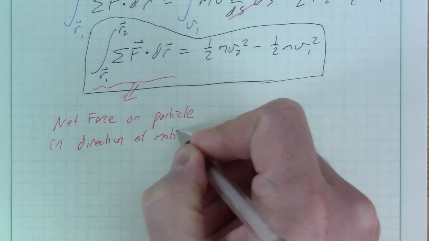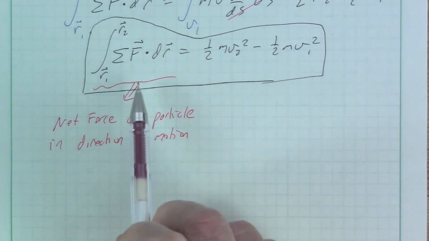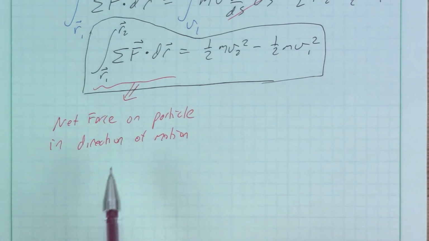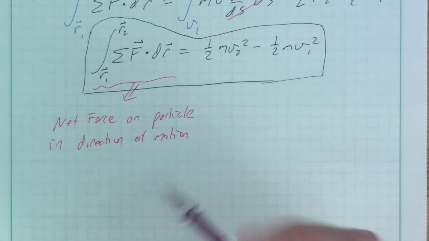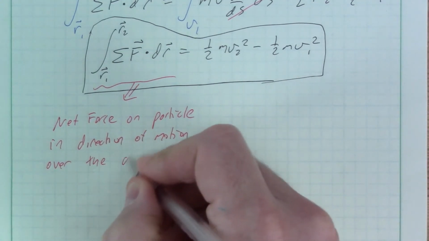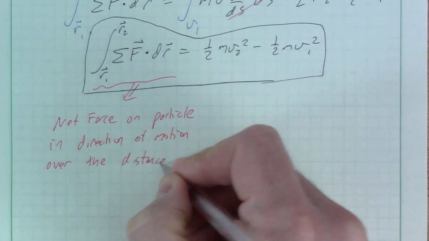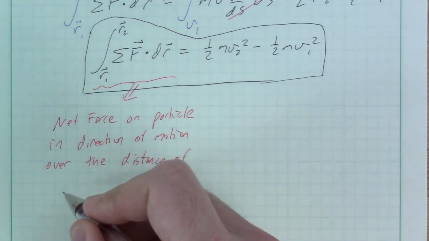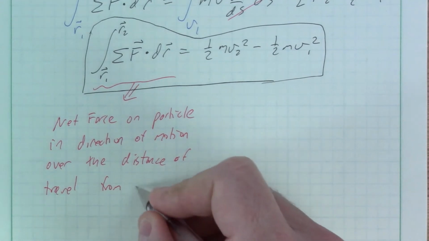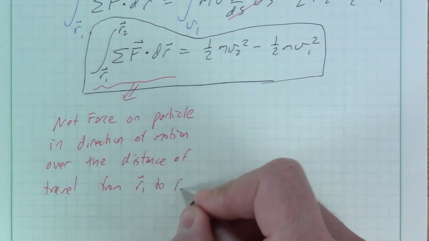We already broke this down and then I wrote it back. That dot product really means take the component of force in the direction of motion, in that tangential direction, and integrate it over the distance of travel, from R1 to R2.